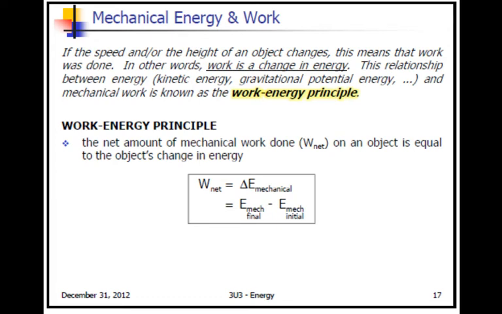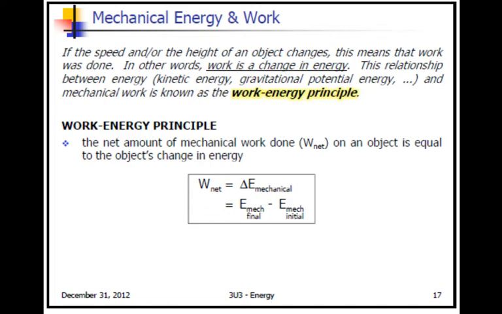So the idea here is that if work is done, if something starts to move, and we know the energy that was available through something's kinetic energy or its gravitational potential energy, or I guess you can just say it's mechanical energy, then the change in that mechanical energy is equal to the work that is done.